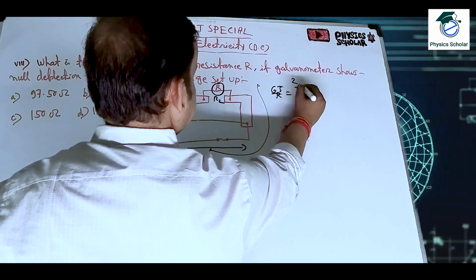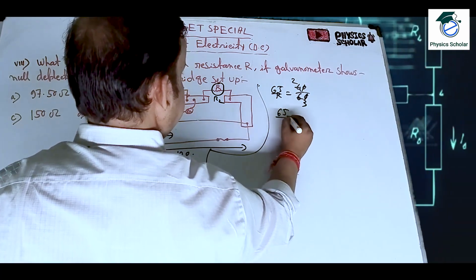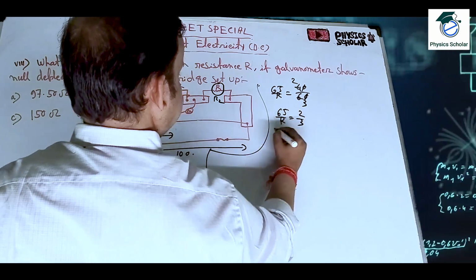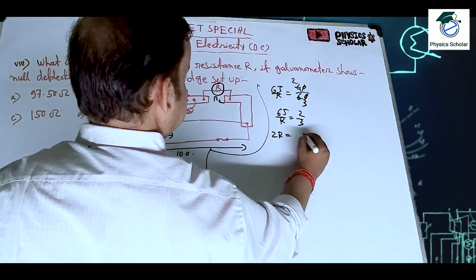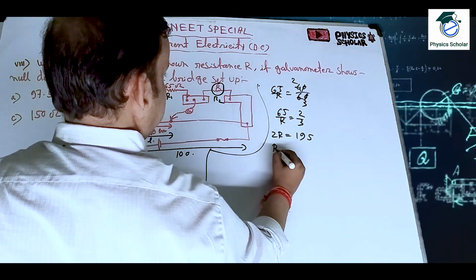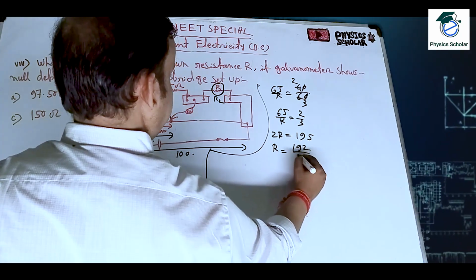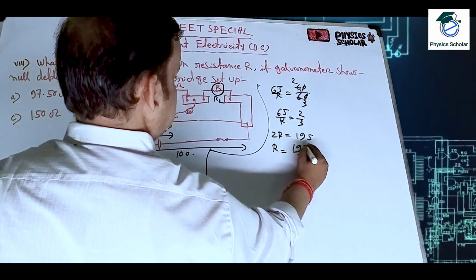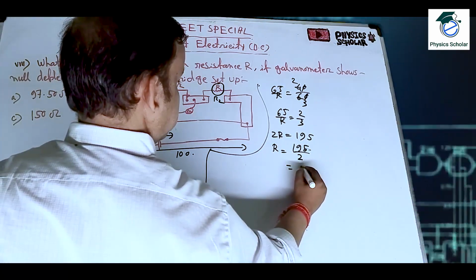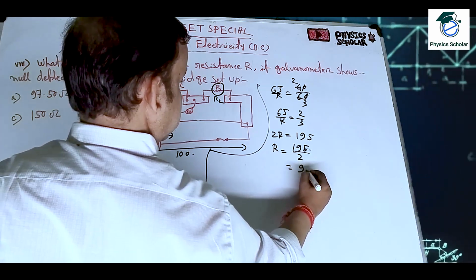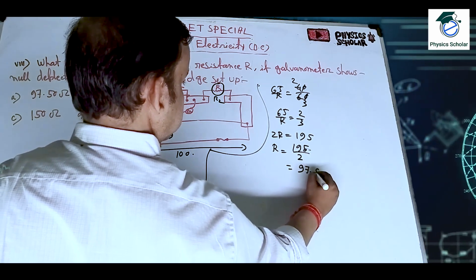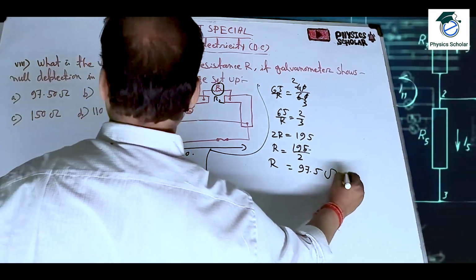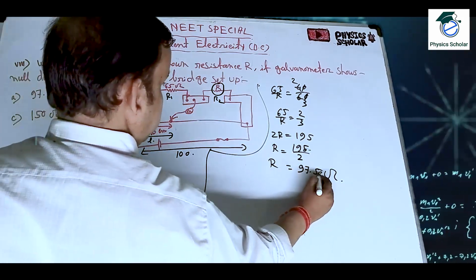Okay. So 65 by R is equal to 2 by 3. So twice R is equal to 195. So R is equal to 195 by 2, so 97.5 ohms.